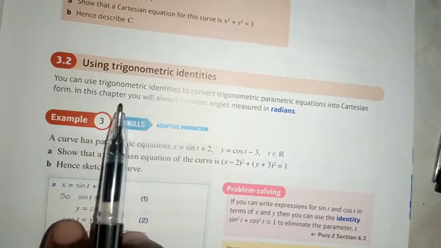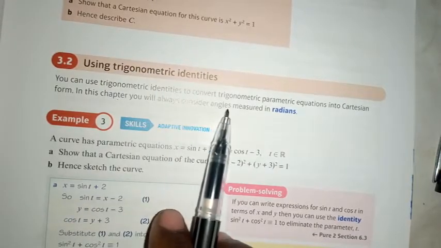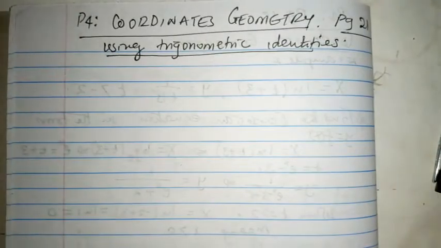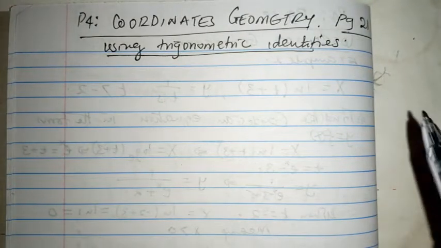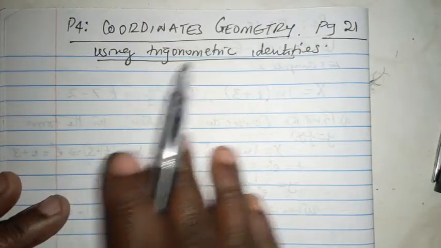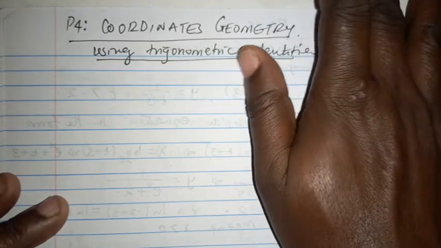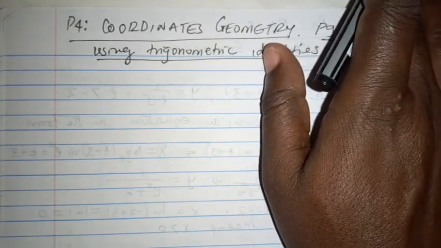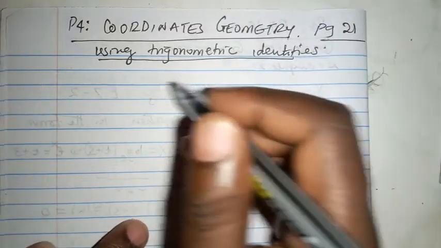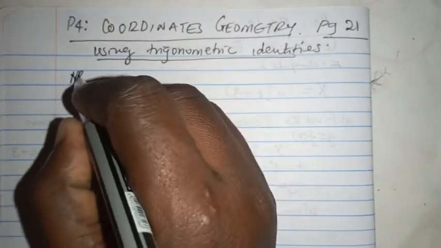In this chapter, you will always consider angles measured in radians. Underline radians. So it's something to note.